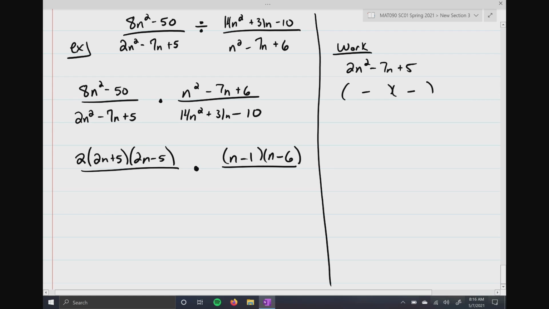Okay? So from here, 2 times 5 equals 10. I write out the factors. 1 and 10, 2 and 5. I know they're both negative. So that's going to be negative 2 minus 5 is negative 7 to combine to give me that middle term. So from here, I rewrite it as 2n squared minus 2n minus 5n plus 5.